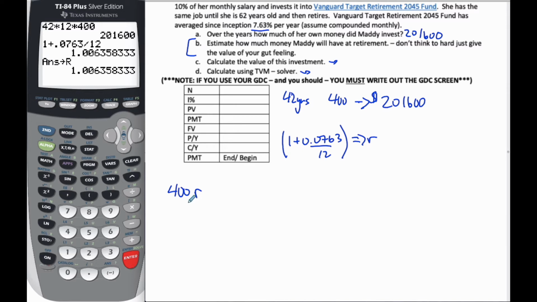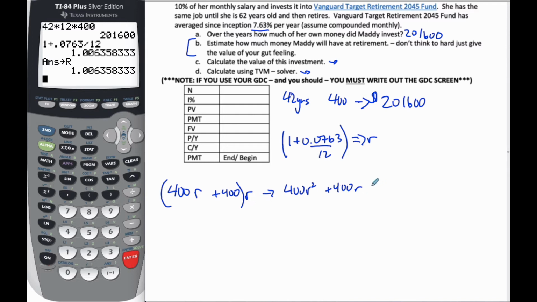And then at the end of that month, I add another $400, and then all that money gets multiplied by R. So now I have 400R squared plus 400R, and that's at the end of month 2.